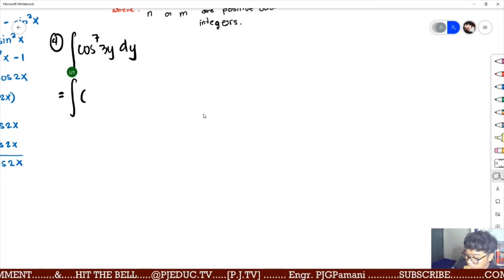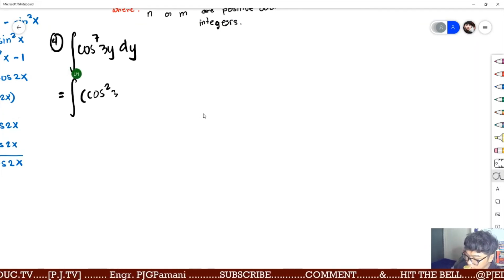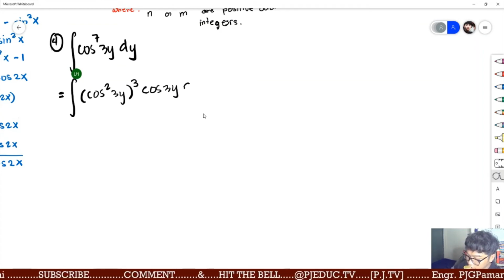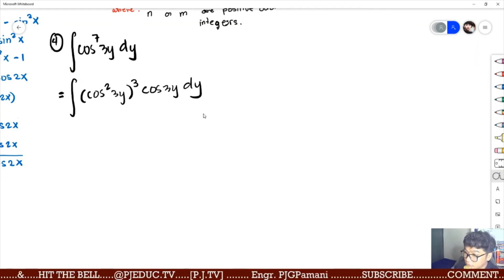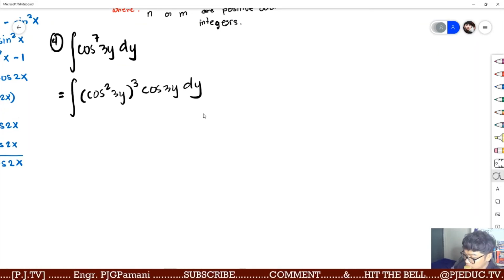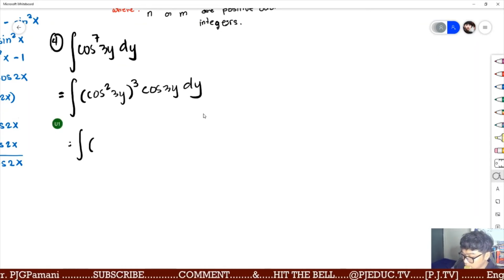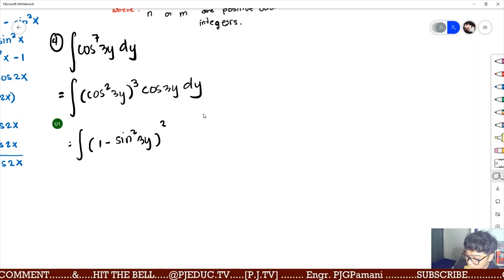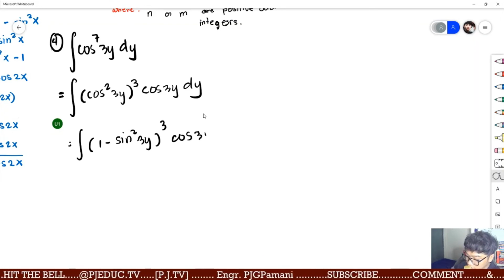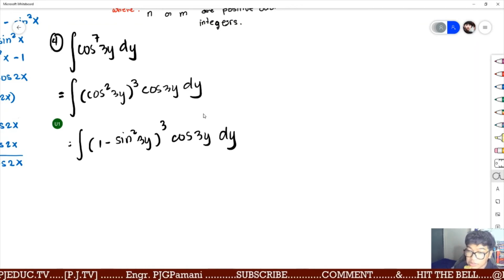If I'm going to expand this integrand, I could also express it as cosine squared 3y raised to the 3 times cosine 3y dy, which is still the same as cosine raised to the 7th power 3y dy. Tama? Parehas lang. Pinahaba ko lang. Which is also the same as 1 minus sine squared 3y raised to 3 cosine 3y dy. Diba? Parehas lang.